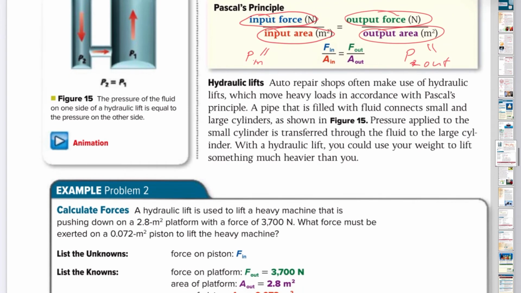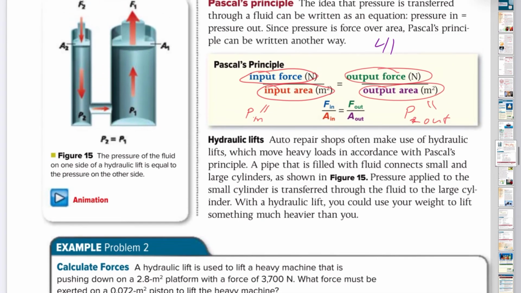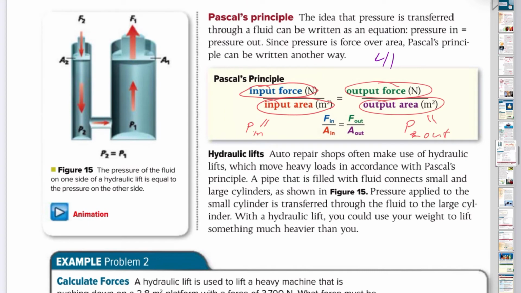Now, hydraulic lifts. Auto repair shops often make use of hydraulic lifts, which lift heavy loads in accordance with Pascal's principle. A pipe that is filled with fluid connects small and large cylinders as shown in figure 15, which is over here.